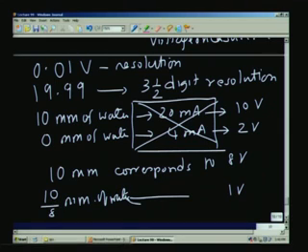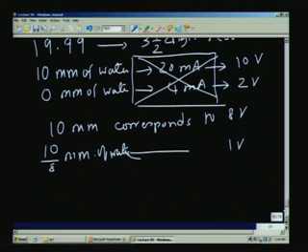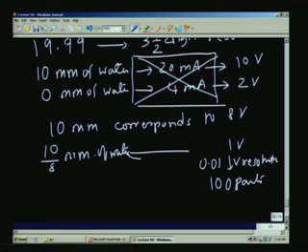So, 1 volt. Now, depending on if I am able to measure 0.01 volts, this is divided into 100 parts with 0.01 volt resolution. That means, I am going to divide this by 100.